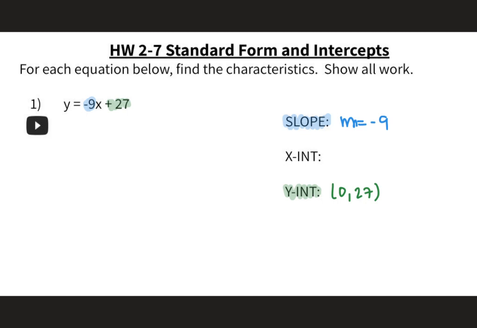To find our x-intercept, we're going to have to plug in y equals 0, because remember our x-intercept is written in the form something, comma, 0. So we just have to plug this in for y. So 0 equals negative 9x plus 27. So solving for x, there's a couple ways you can do it.